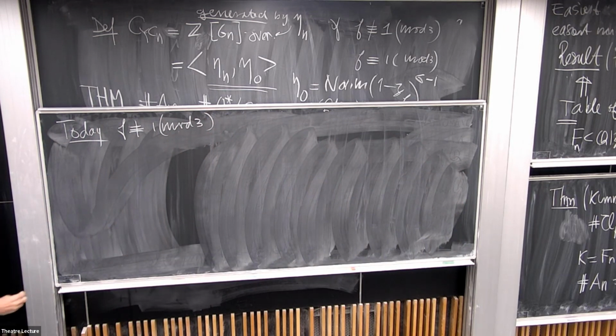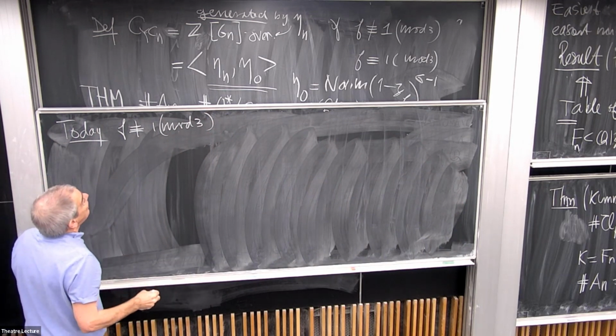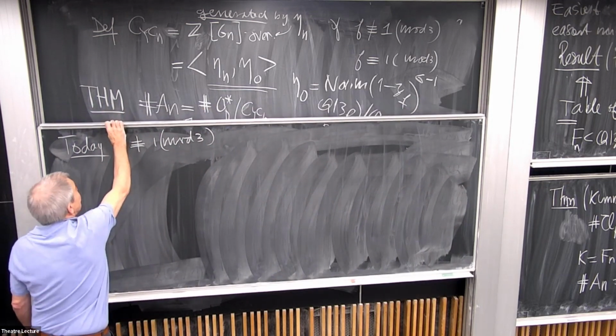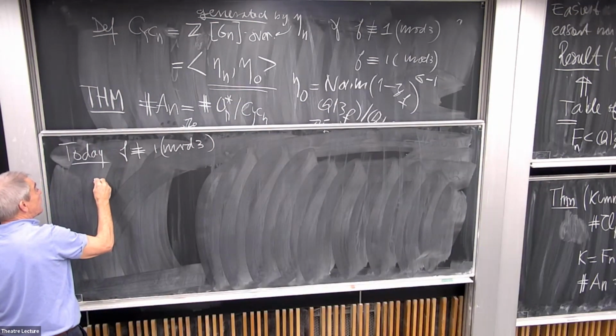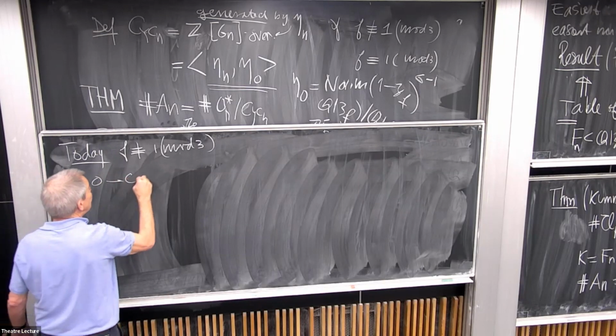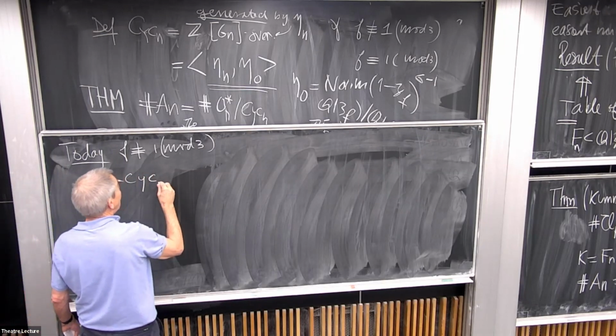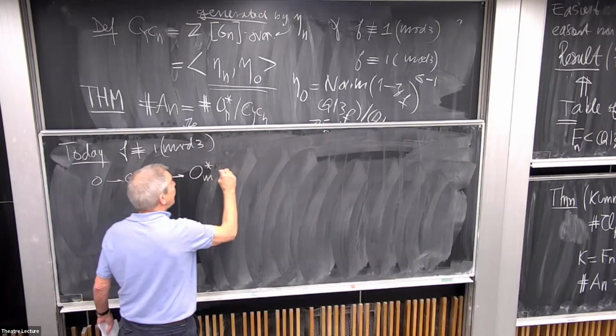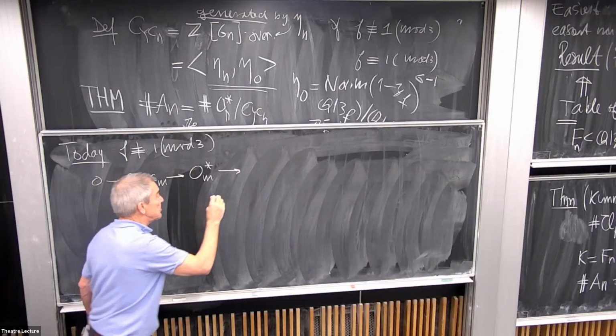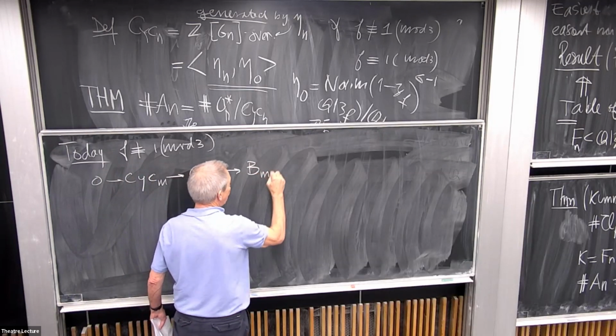Okay, in that case, look at the following exact sequence. So we have 0, the cyclotomic integers at level n, the units at level n, and then we have the quotient. And now I introduce the quotient. This is B_m, the notation.